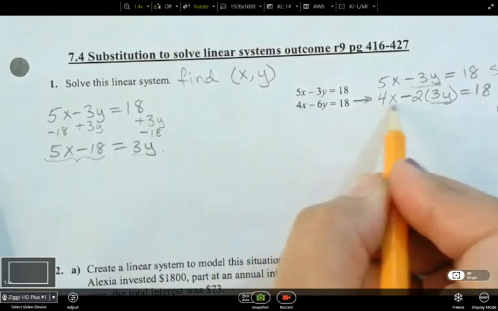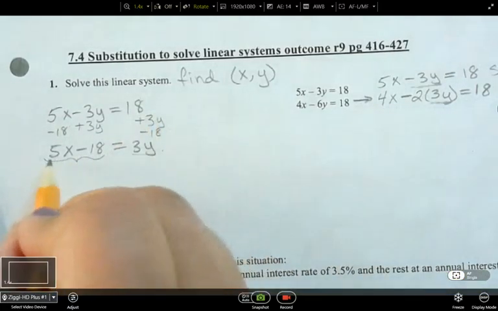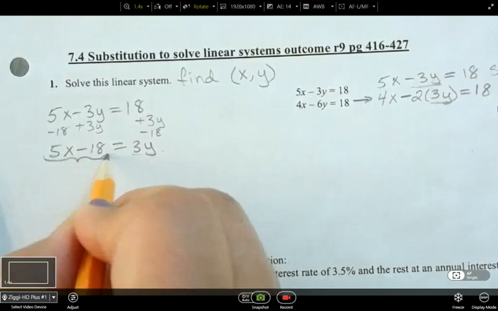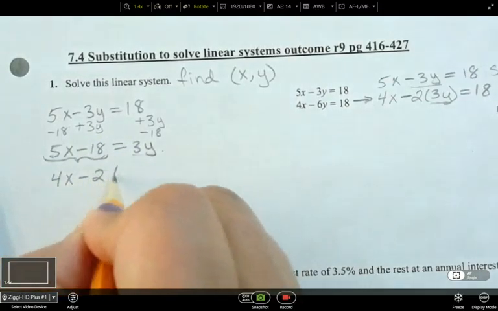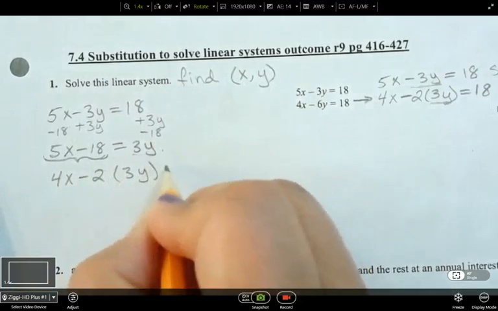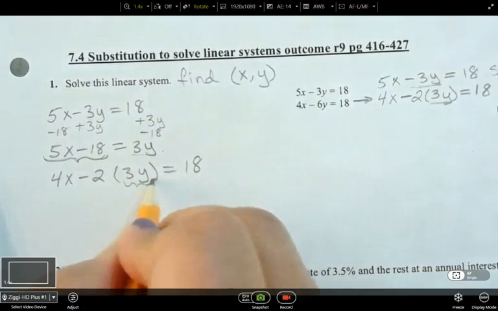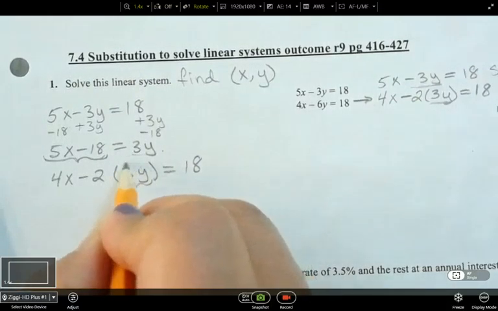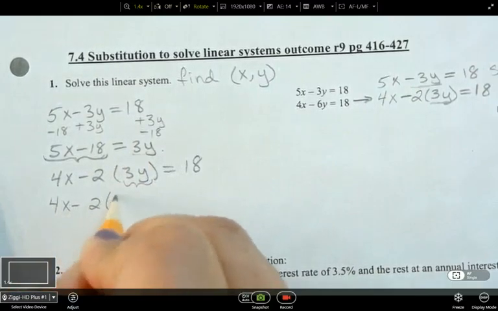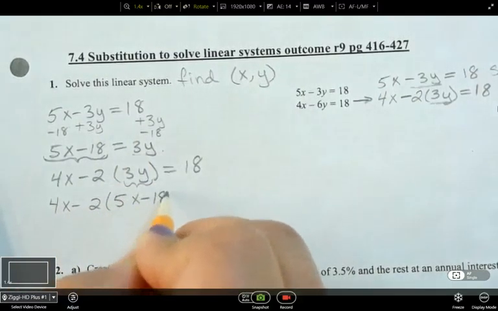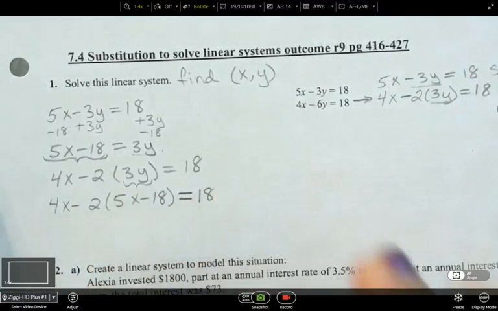So do you remember this equation right here? So what I'm going to do is I'm going to replace this in for the 3y. So instead of 4x minus 2 times 3y equals 18, I'm going to write 5x minus 18 right in here. And what is that equal to? That's equal to 18.